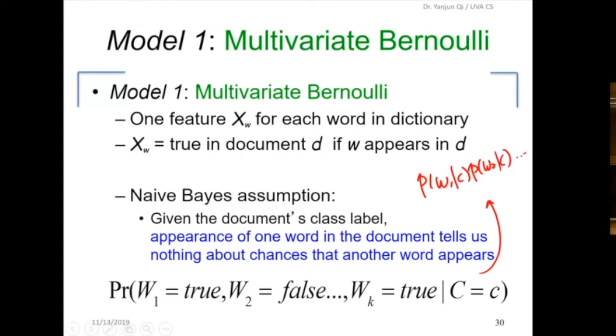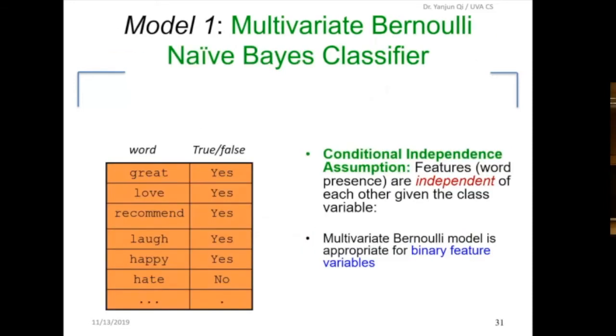So this is the model. The naive assumption here actually means one word appearing in my document tells me nothing about whether another word appears in the document, which is apparently not very good, right? Yeah. All right, but that's all you can do, right?